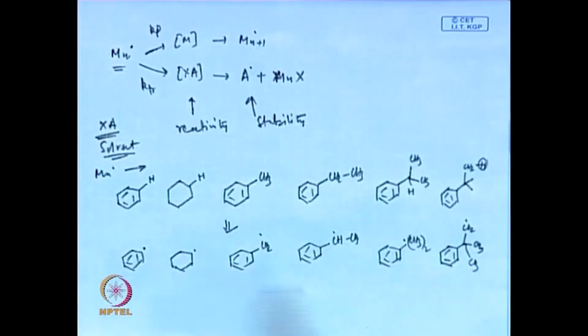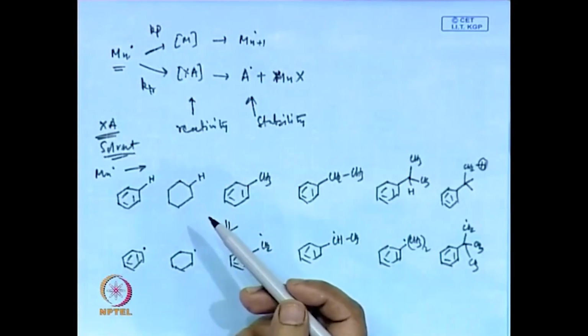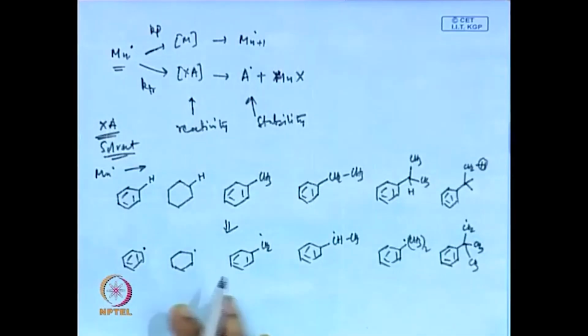Now, from your basic knowledge of organic chemistry, you know the order of stability of this radical. Okay. The more stable the radical is, the more it will participate in the transfer reaction. If it is lower, then it will participate in the transfer reaction to a lower extent.